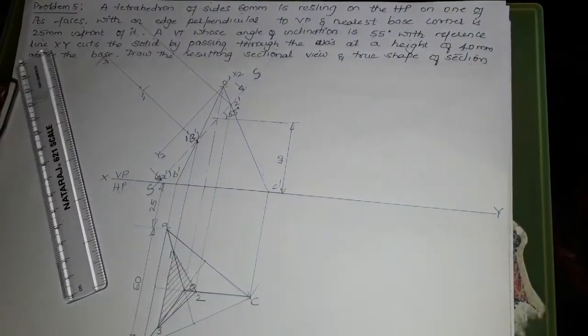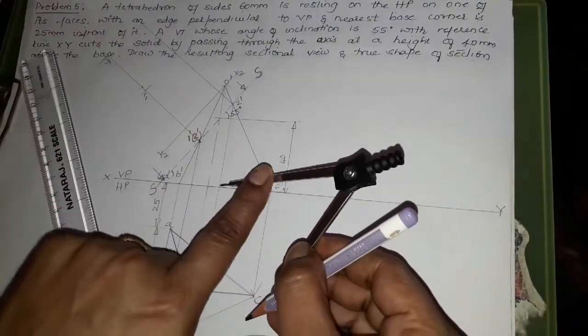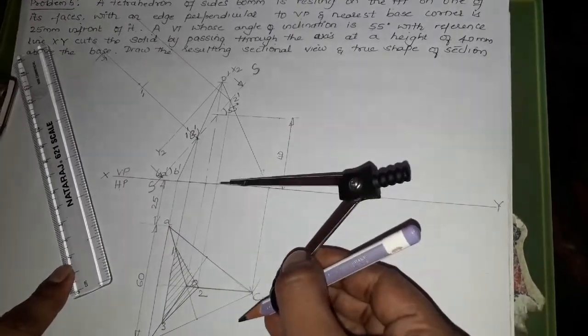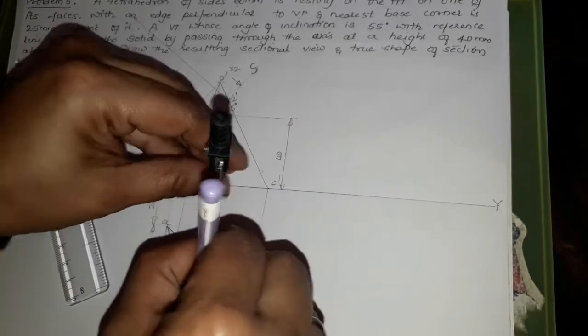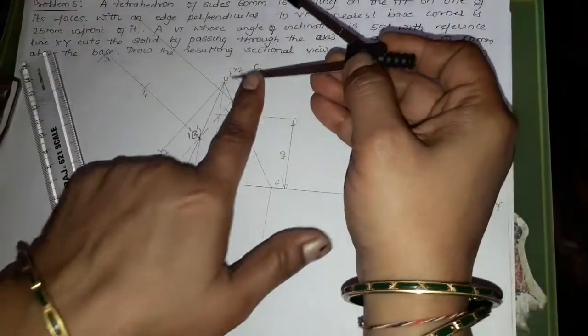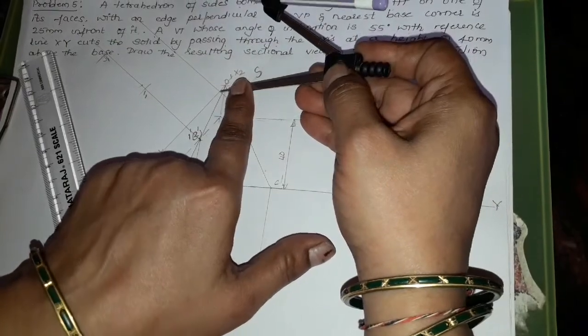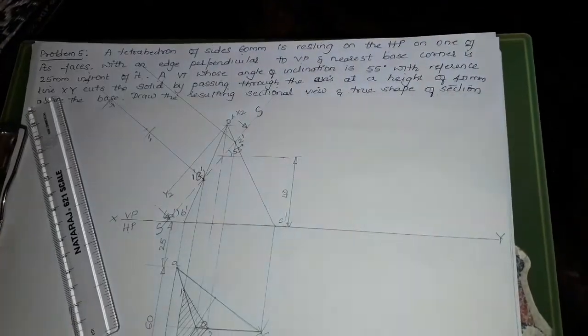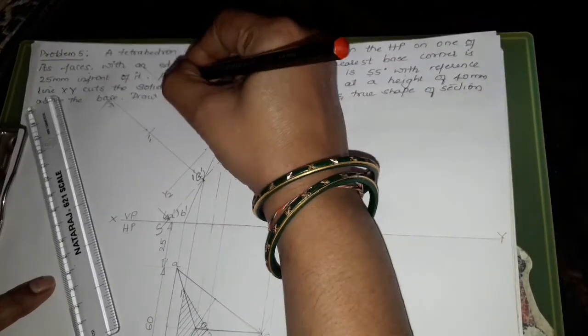Now measure the distance 2. This is the point from 2, because this line has been drawn from the point 2 dash. So this is coming here. Measure this distance to the point 2. Keeping this on the line perpendicular drawn from point 2, I will cut an arc so that I get the point 2 suffix 1.